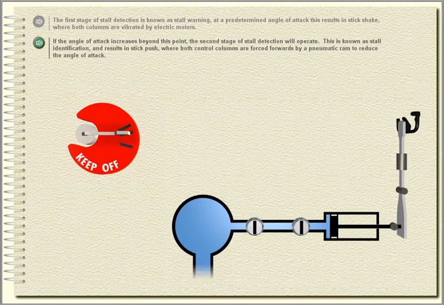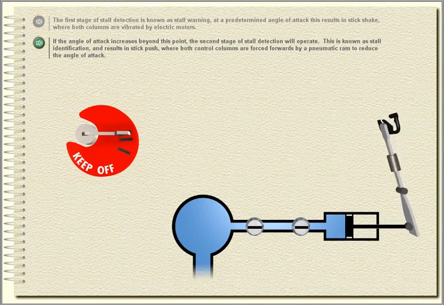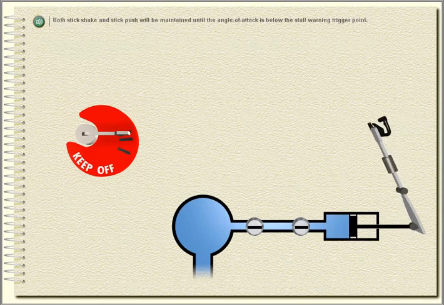This is known as stall identification and results in stick push, where both control columns are forced forwards by a pneumatic ram to reduce the angle of attack. Both stick shake and stick push will be maintained until the angle of attack is below the stall warning trigger point.